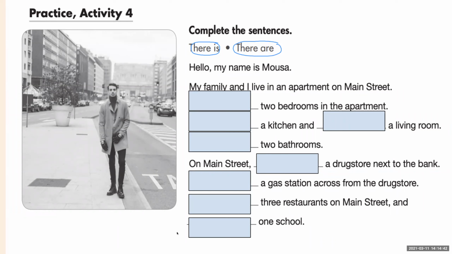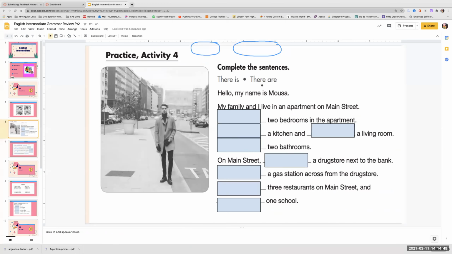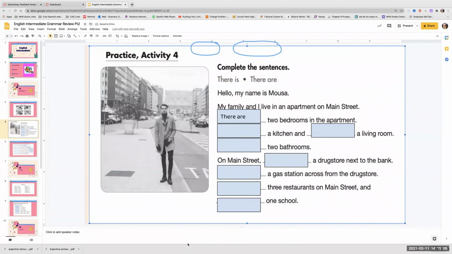So what we want to do is, if you have a copy and if you know how to use technology, I want you to go in here and give me your answer. I'm going to help you with number 1. So hello, my name is Musa. My family and I live in an apartment on Main Street. There are. Why is there are? Let's look at what follows.